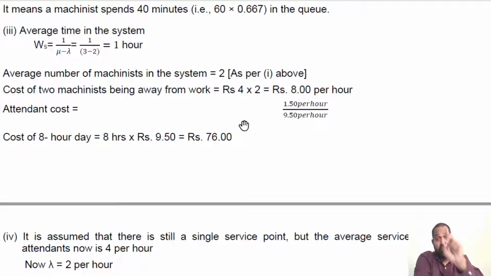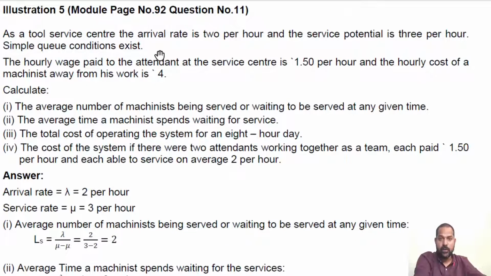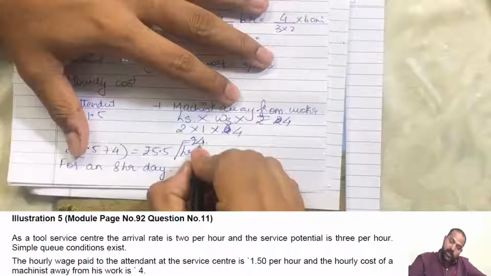Oh, I'm so sorry. I'm extremely sorry. I read that wrong. I'm paying the service guy 1.5 rupees and the machinist 4 rupees. I'm so sorry. So the answer will be 2 into 4 rupees that I pay the machinist. So 4 twos are 8 rupees.